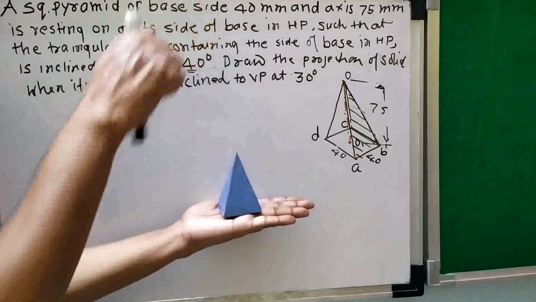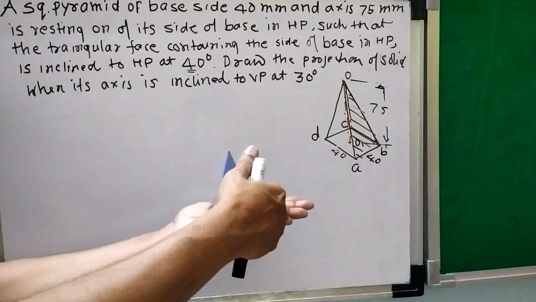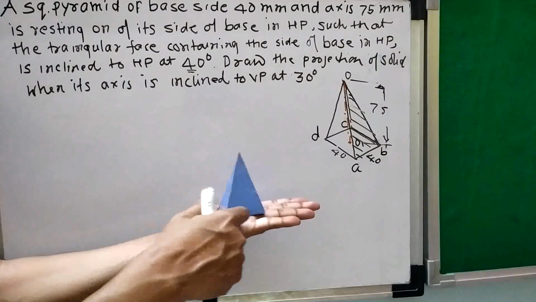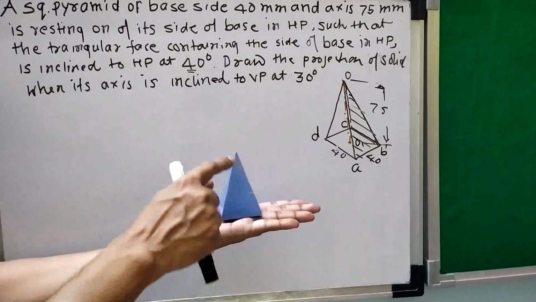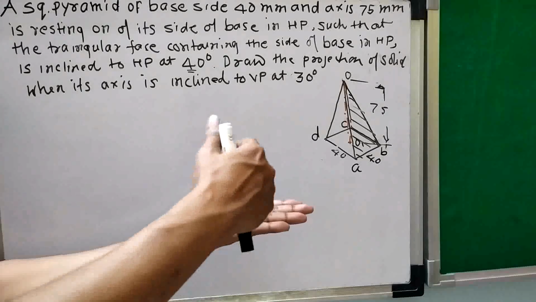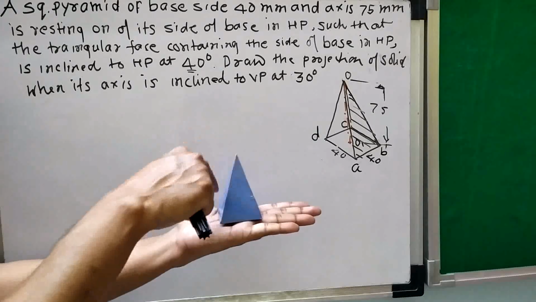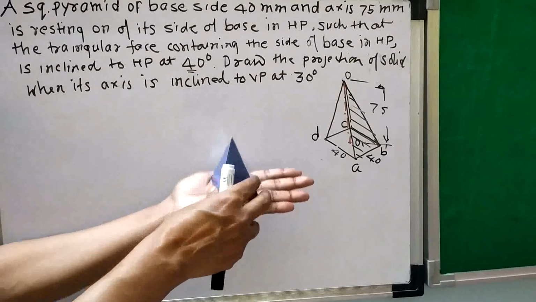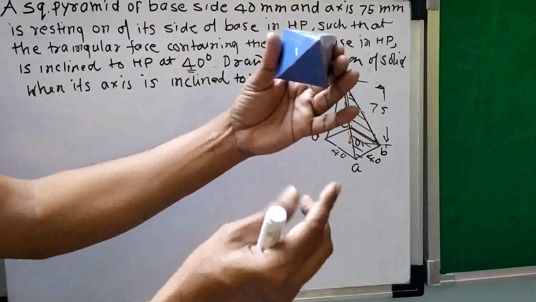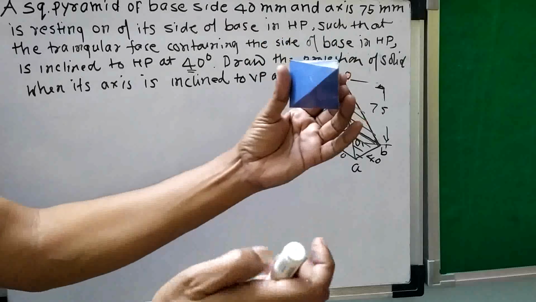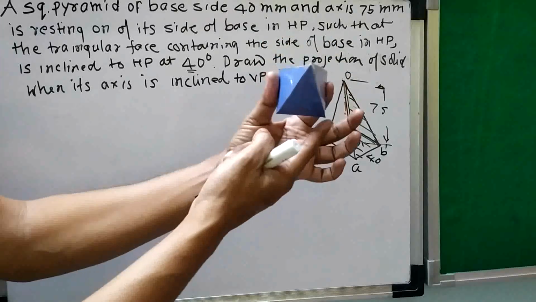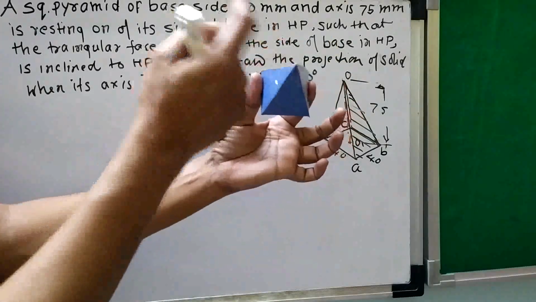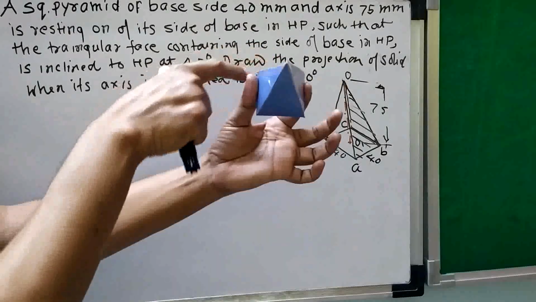And when I see from top, I will see this square as a base, and these four slant edges, and this O point as the center of the base. For example, suppose this is your top view. On this side you can see these four edges, that is the sides of the base.